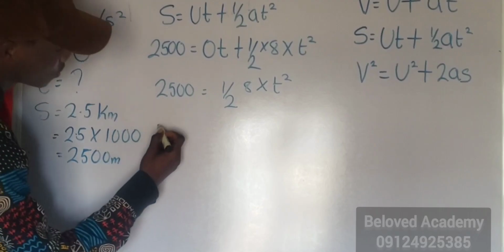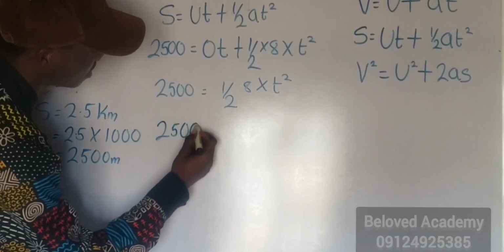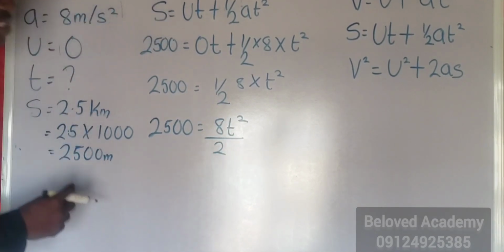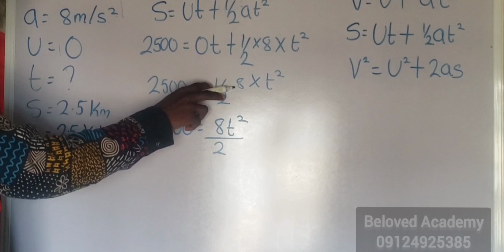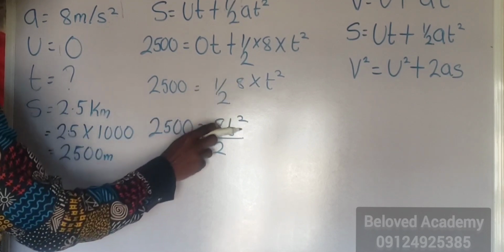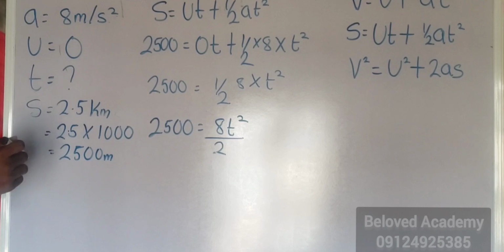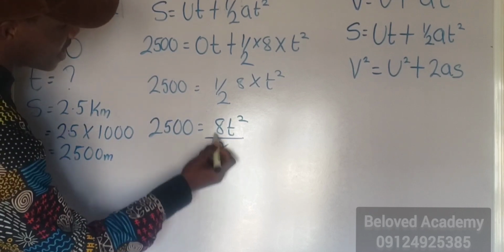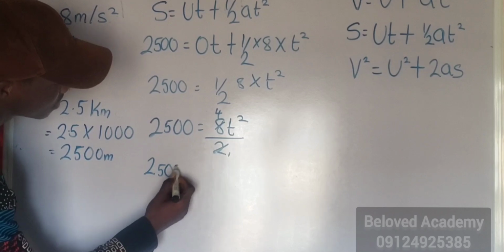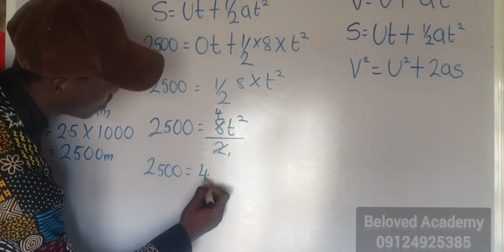For this, I'm going to have 2500 is equal to 8t squared all over 2. Do you understand how I got this? 8 multiplied by t squared, that is 8t squared. Then 1 over 2 multiplied by 8t squared, that is 8t squared over 2. Okay, so this 2 here, 4. So I'm going to have 2500 is equal to 4t squared.